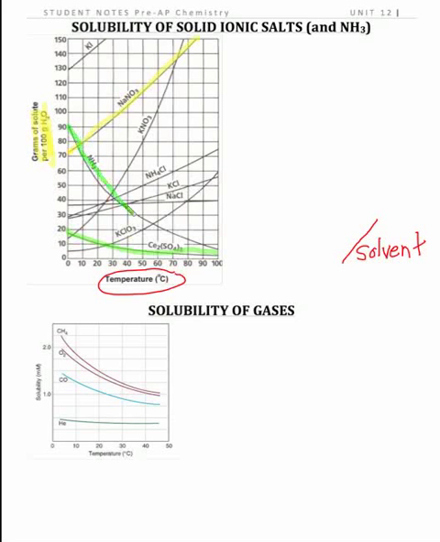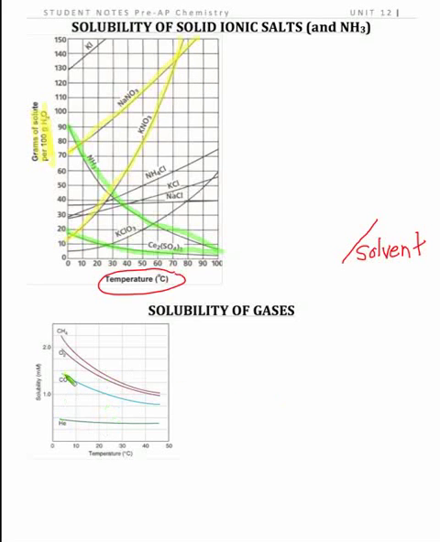Now, ammonia is much like a gas. So if you heat ammonia, you're going to smell it. You'll know that that gas is coming out of solution. And so ammonia also decreases with temperature. But other than that, the salts in this chart all increase solubility with increasing temperature.